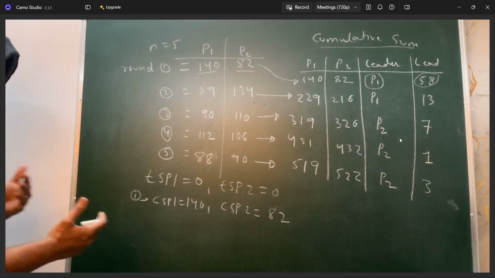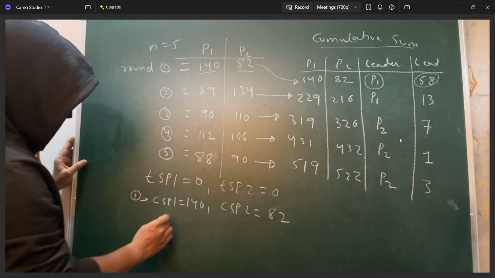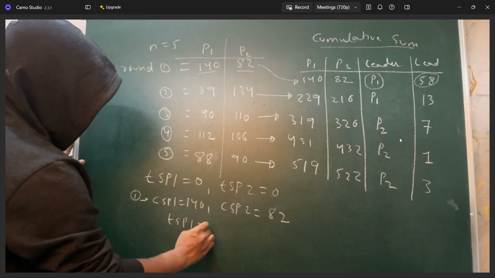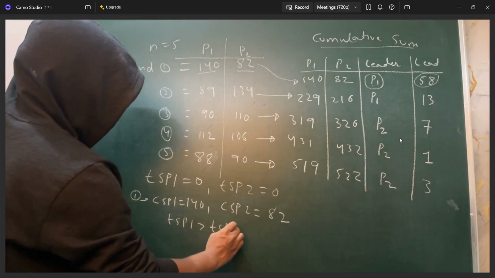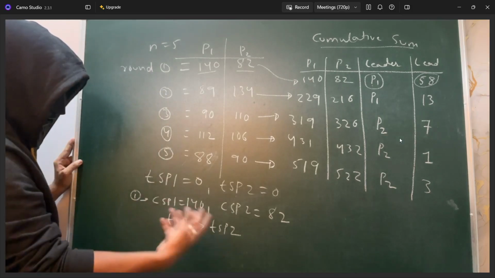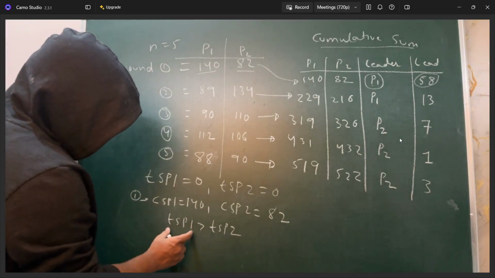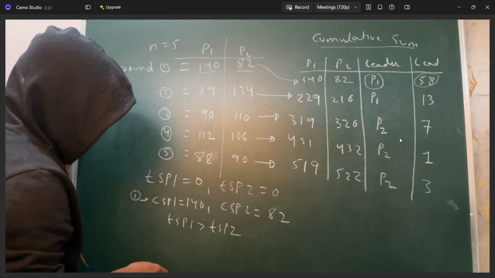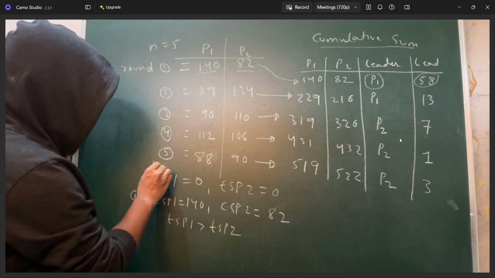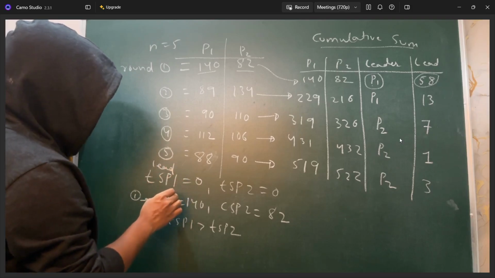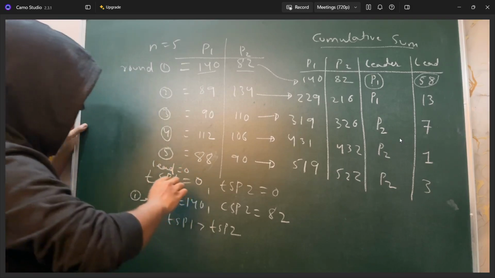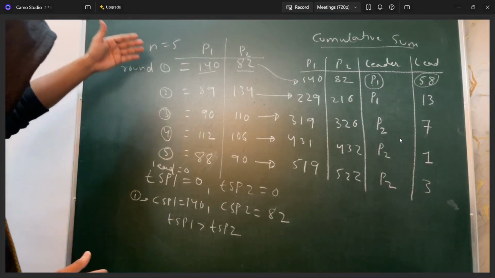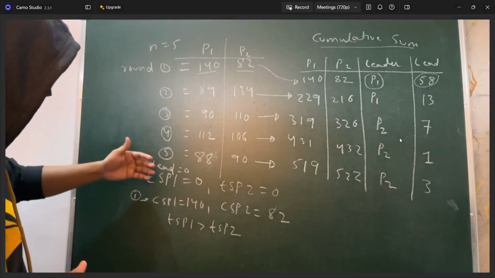Now you will have to find if the total score of player 1 is greater than the total score of player 2, or else the other case. So in case of one having a higher score, you need to take one more variable, let's say lead, and your lead is going to be initially 0, since they have not played anything yet.